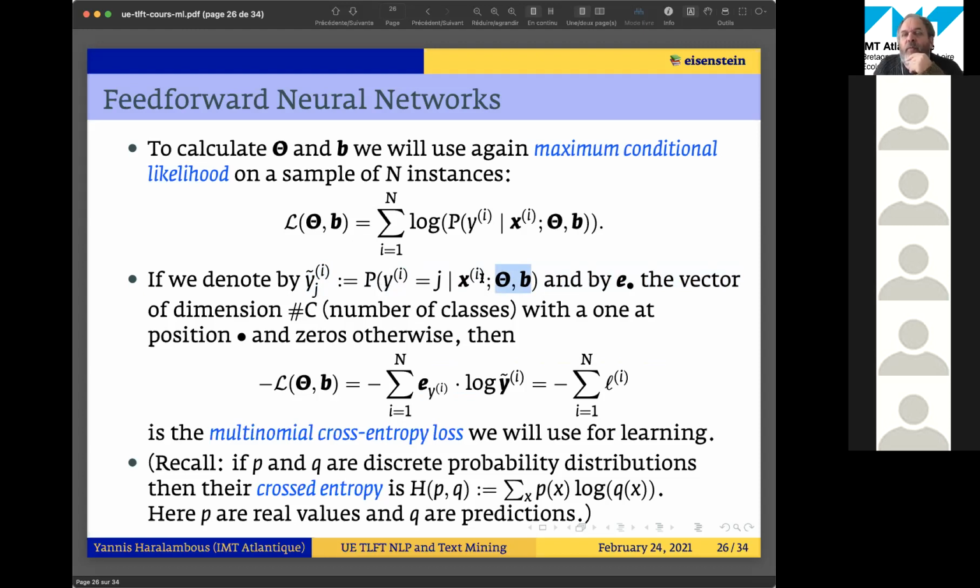The prediction, not for a new individual, but for an individual of the corpus of being of class J. Of course, I know what is the class of this individual. It's part of my training corpus. So I use this to train my model. I trained the model. Now I have a trained model.